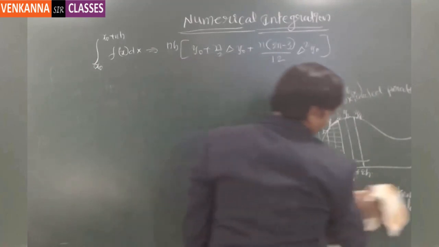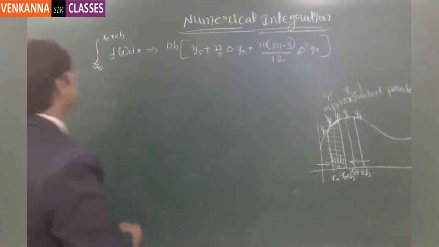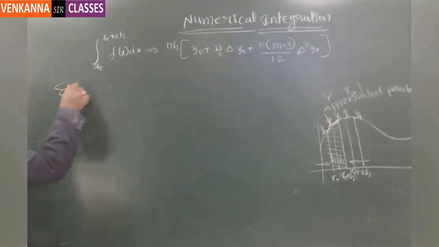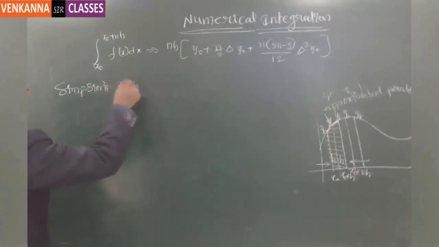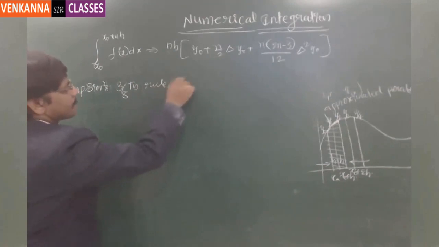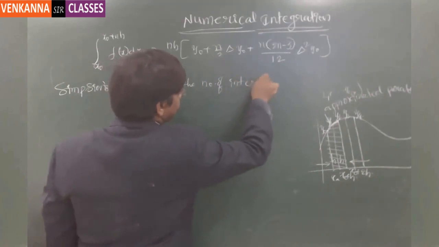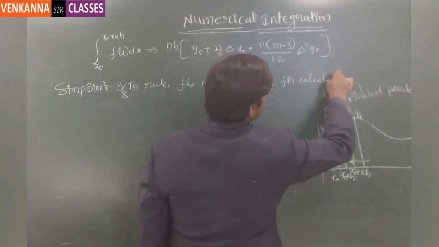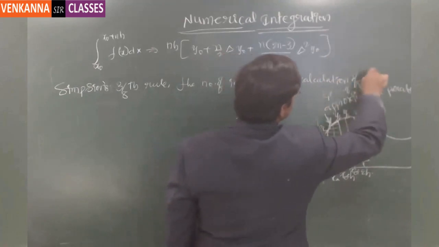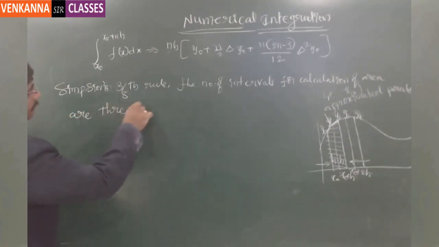So now in case of Simpson's 3/8 rule, the number of intervals for calculation of area are 3 together, 3 intervals together.